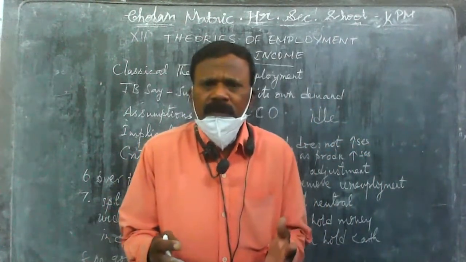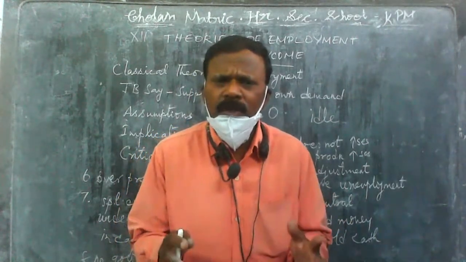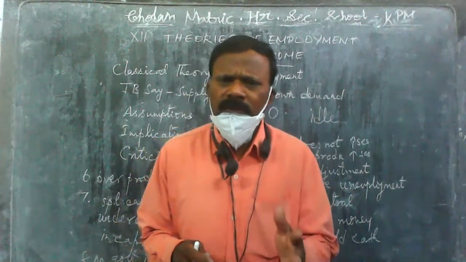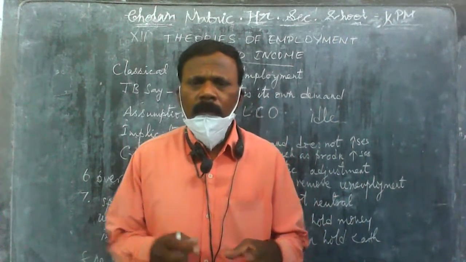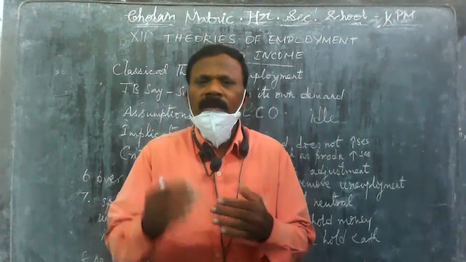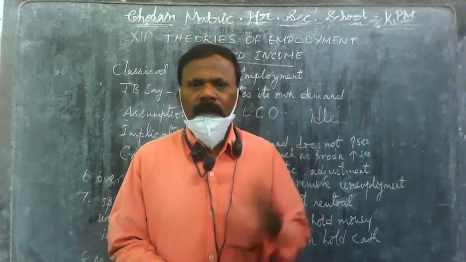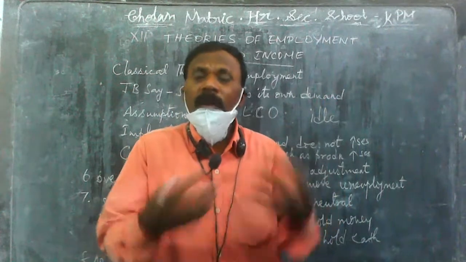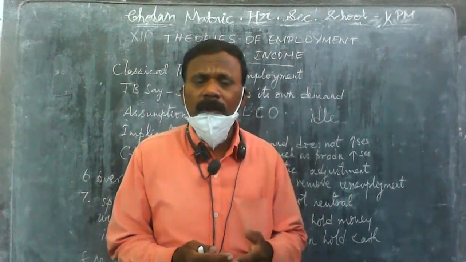Unemployment can occur because of non-utilization of the available resources, non-utilization of the available human power. But employment opportunities can be created. How? When the rate of investment is increased. When the government increases the rate of investment, it paves the way for ample opportunities for employment.